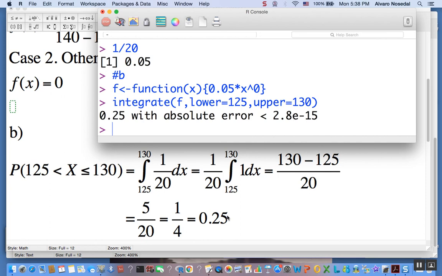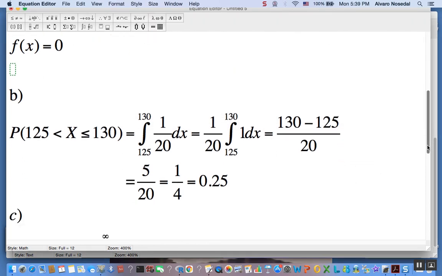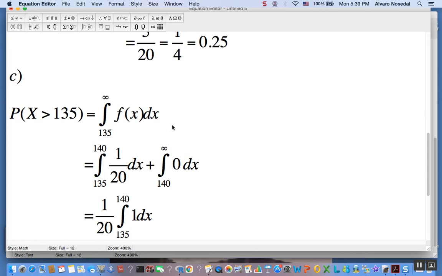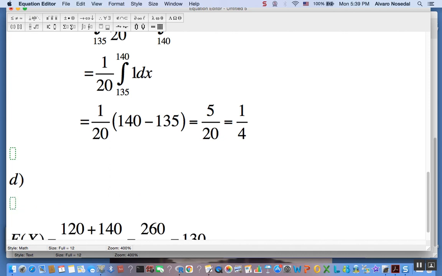Now just for fun, let's do part D. We know that by definition the expected value of a random variable is the integral from negative infinity to infinity of x times the PDF of x. Let me write it down.